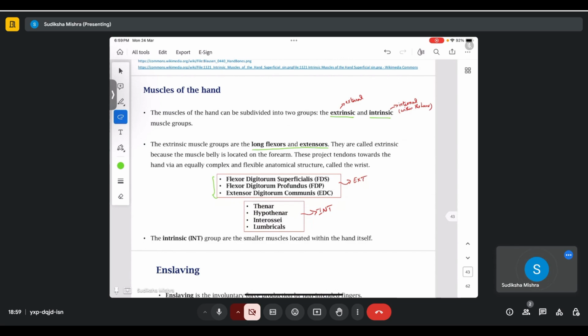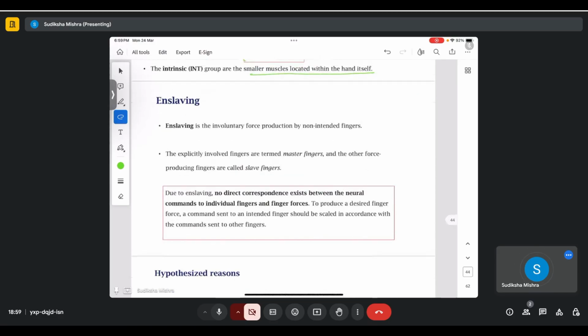Examples of extrinsic muscles are flexor digitorum superficialis, profundus, extensor digitorum communis, etc. Intrinsic muscles include thenar, hypothenar, interossei, and lumbricals. These are very small muscles located within the hand itself.